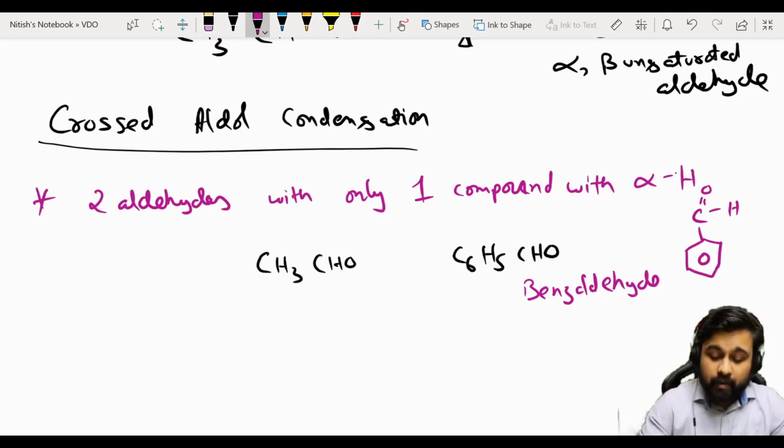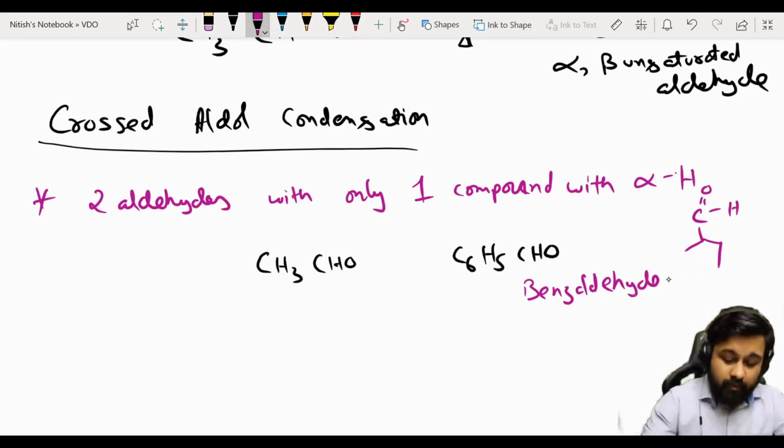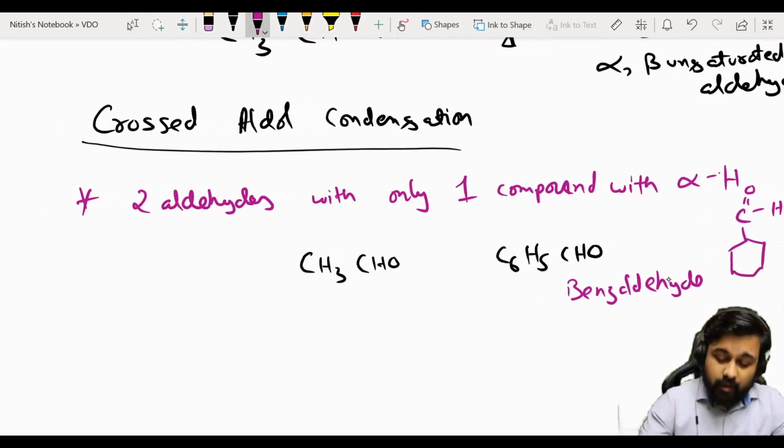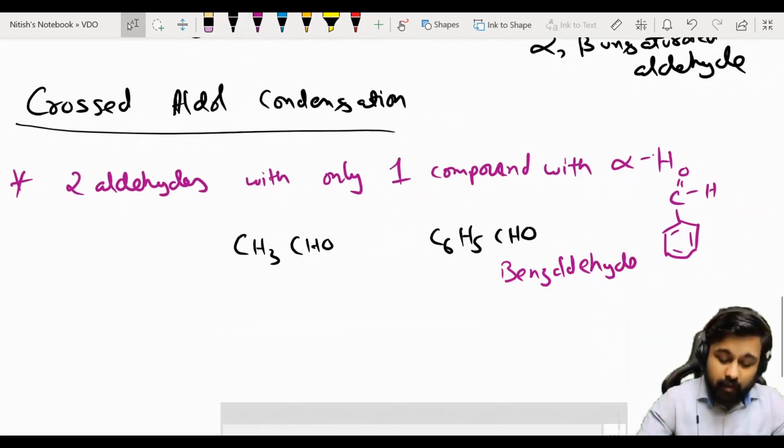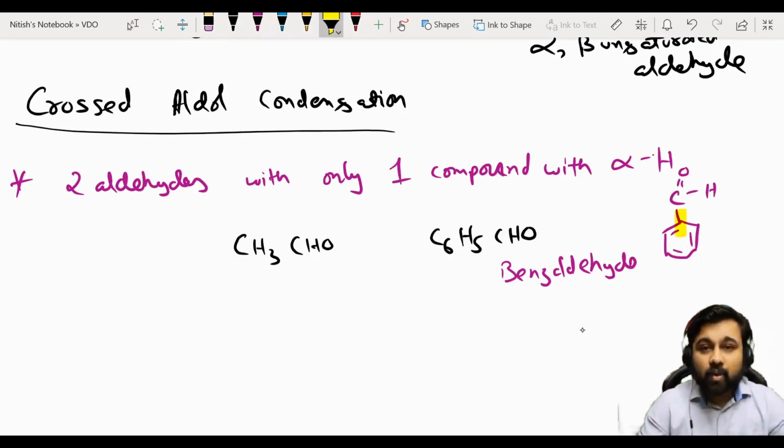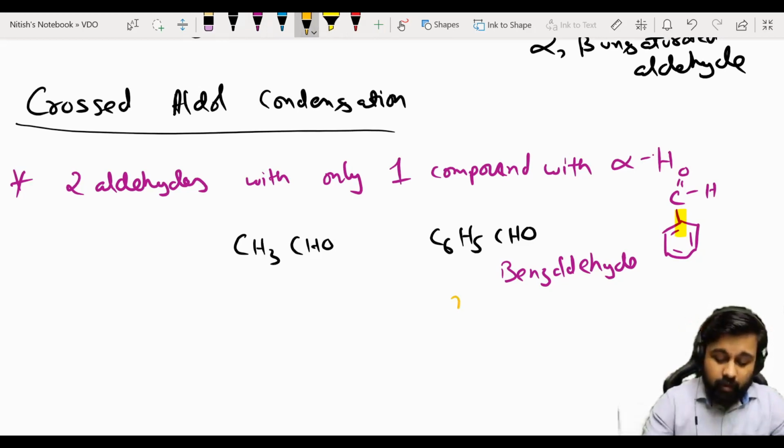The alpha carbon, that is the carbon on the ring, does not have any alpha hydrogen. So the first carbon on the ring has no hydrogen attached. So there is no alpha hydrogen with benzaldehyde.